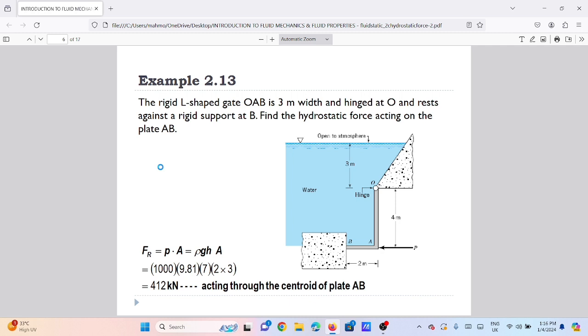So the resultant force is equal to PA, where P is rho gh, so 1000 times 9.81 times 7, times the area. So we get 412 kilonewton acting through the centroid of the plate AB.